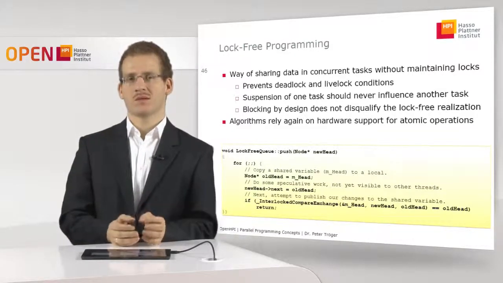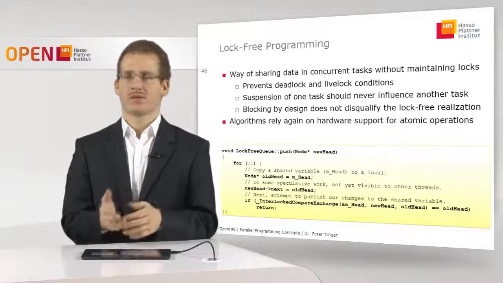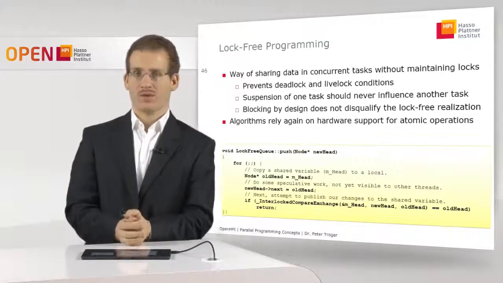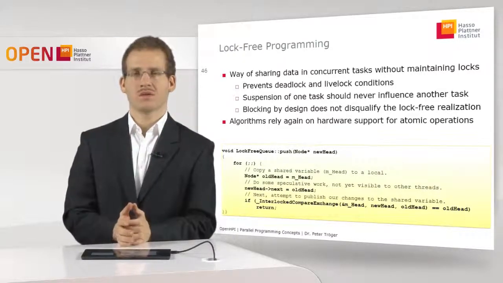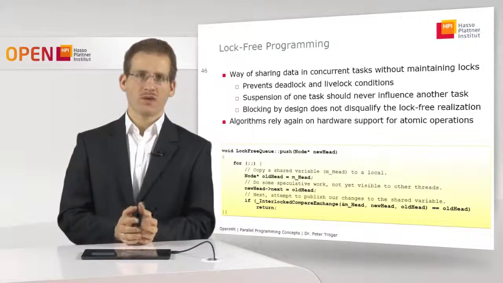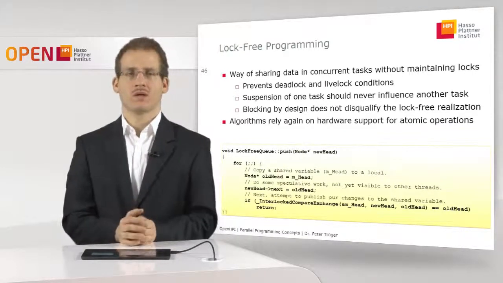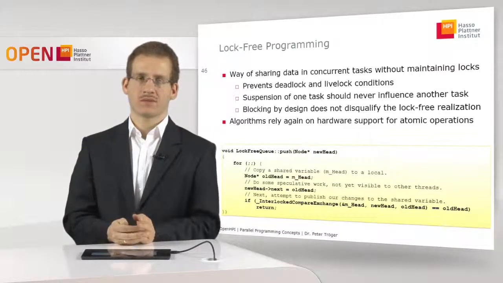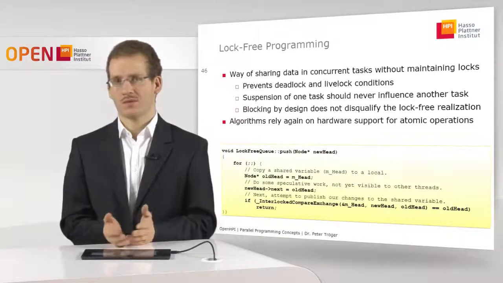All the things we talked about until now rely on mutexes or semaphores or reader-writer locks or barriers, some kind of variable that allows you to wait for a condition so that you have a predictable interleaving of concurrent activities, and then to continue. With lock-free programming, we want shared data structures that need no locking at all. This is an interesting aspect. It basically relies on the clever usage of hardware support for atomic instructions, something like compare and swap.